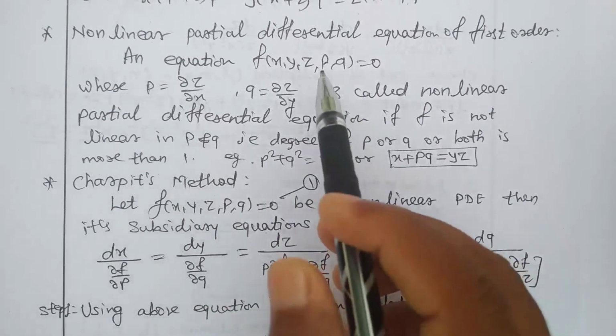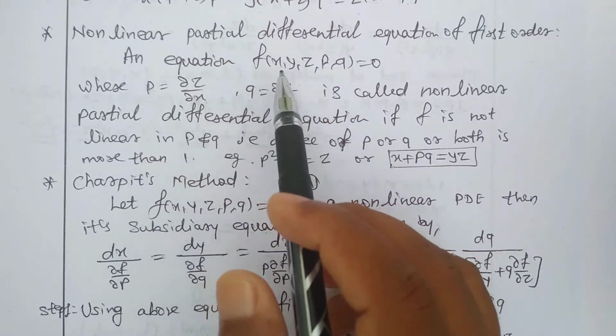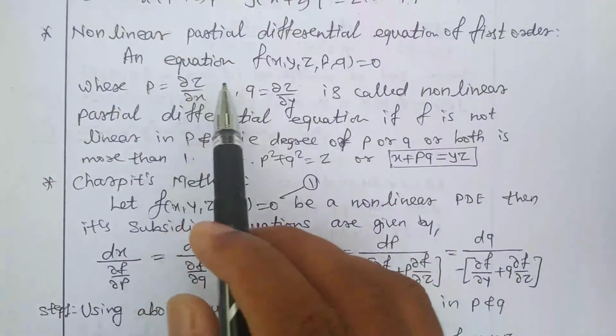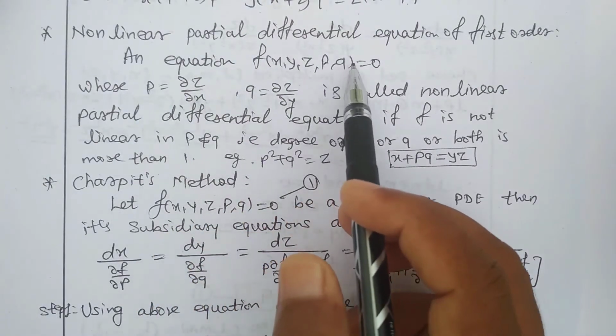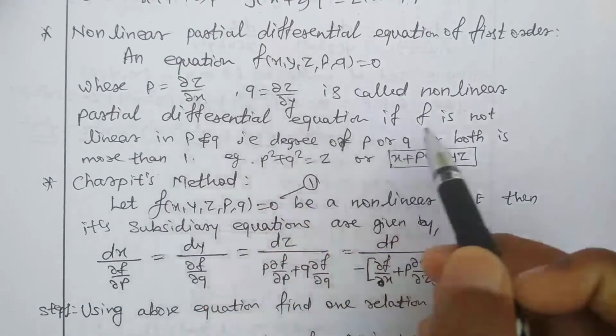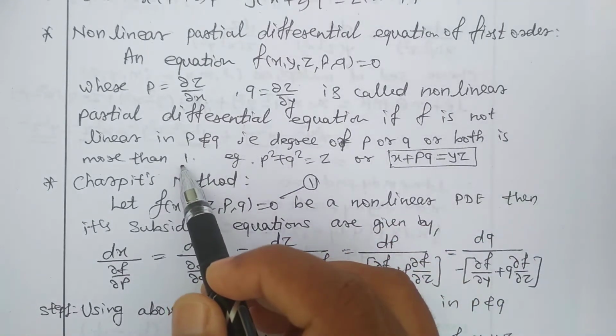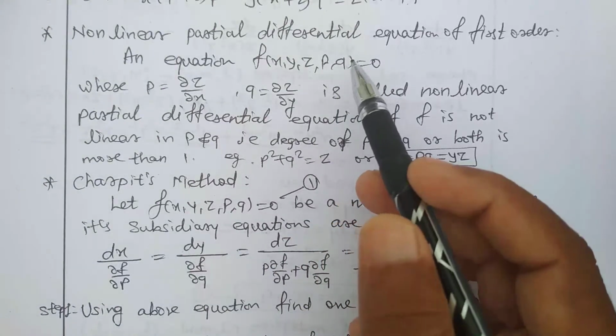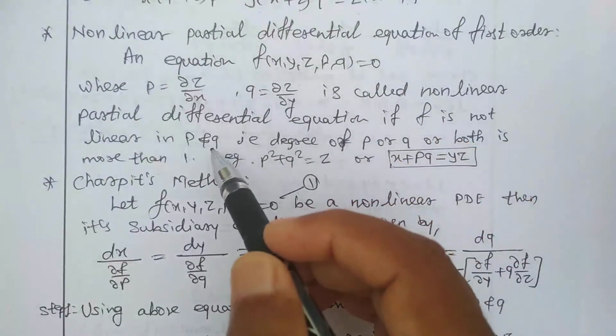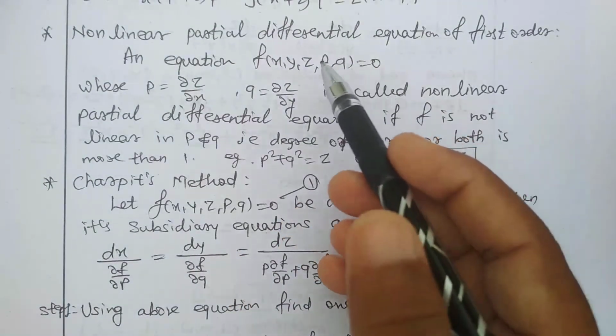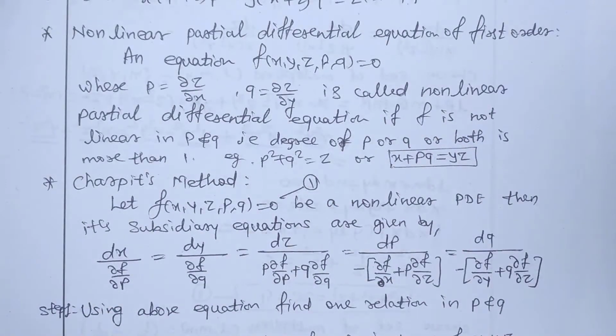That means the degree of p or degree of q or both is more than 1, or there is a term of multiplication of p and q.